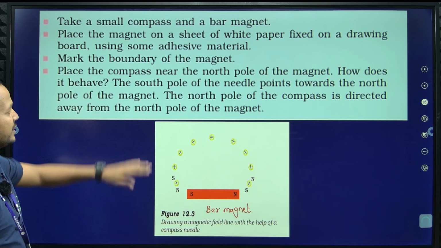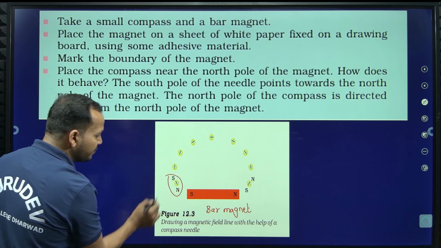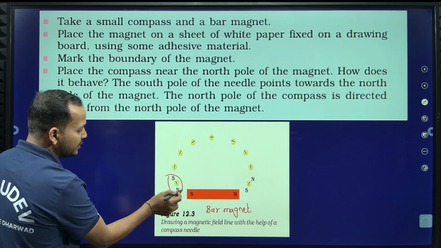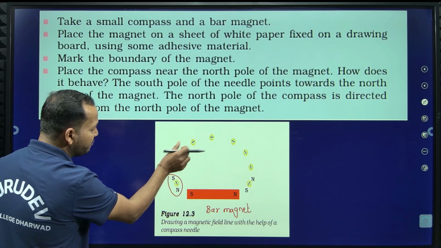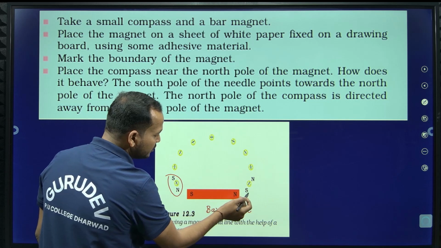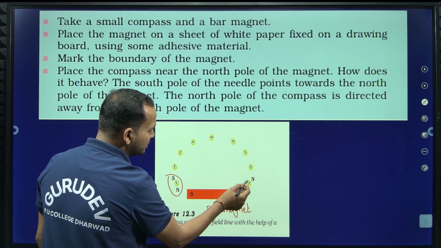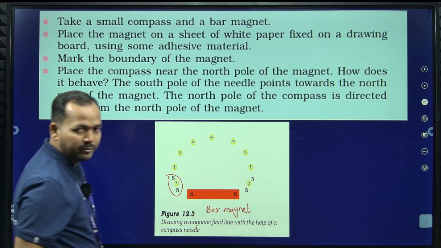Then place the compass near the north pole of the magnet. See here, this is a compass. Then we have to place it at different places, so that the south needle of the compass should be near the north pole of the magnet.